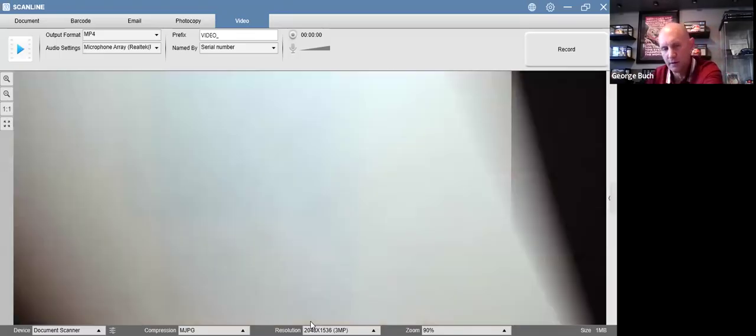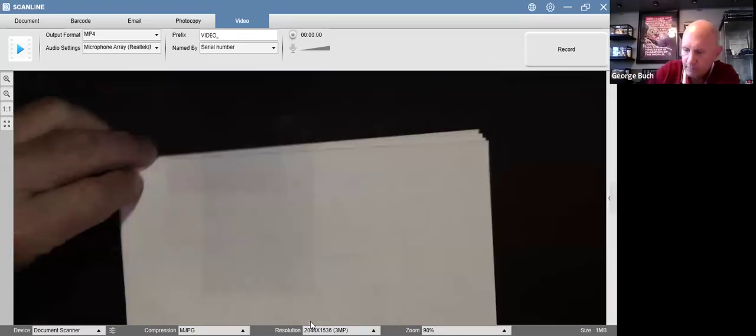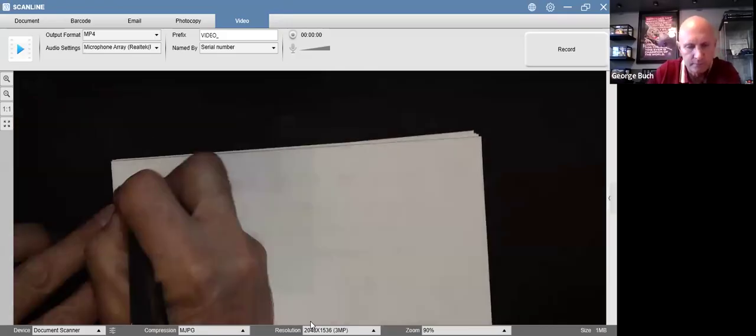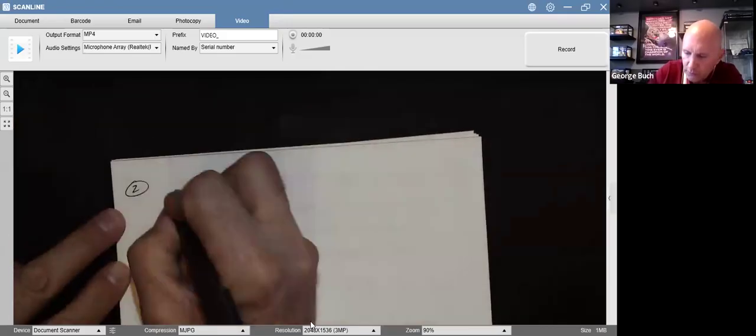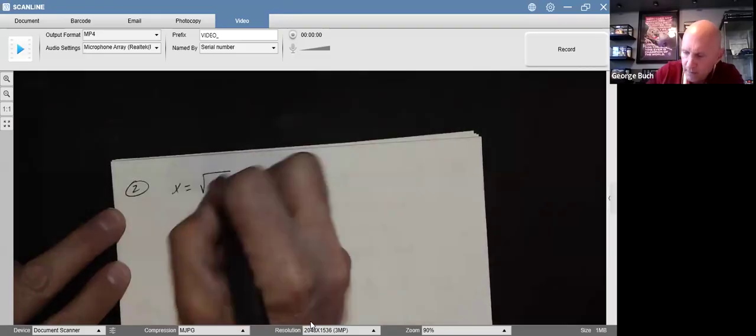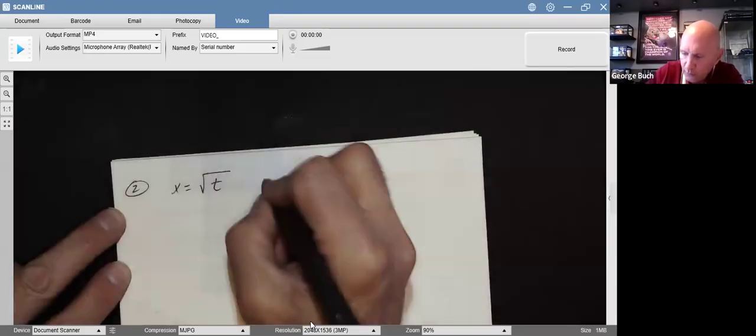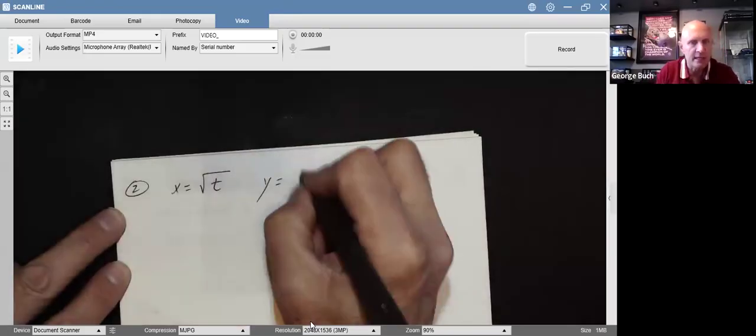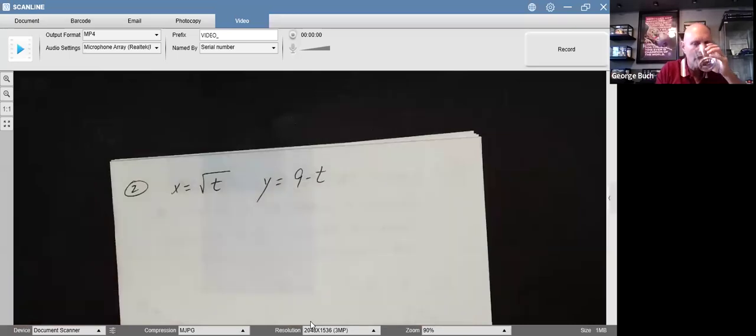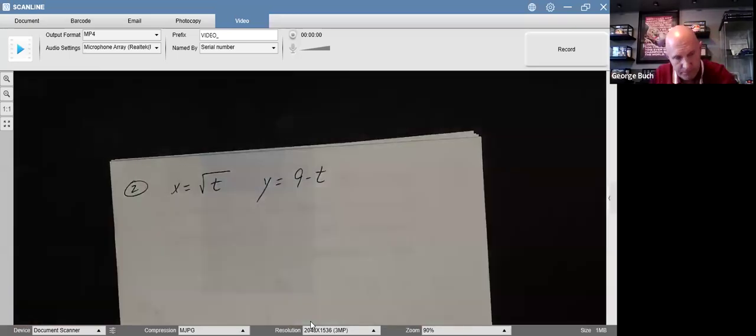All right, second example. We have x is equal to the square root of t. Y is equal to 9 minus t. In this case, it doesn't tell us that t has to be between these values or greater than this, but we can figure that out on our own, right?